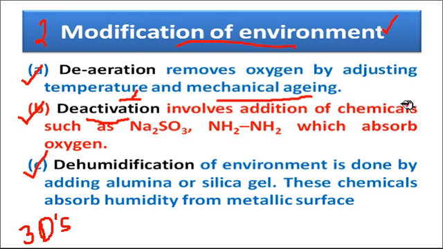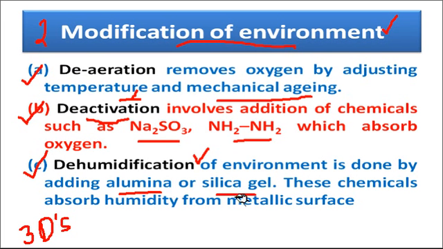Second is the deactivation. Deactivation involves addition of chemicals such as sodium sulfite and hydrazine. Basically, these chemicals absorb the oxygen. So, if oxygen is removed from the metallic surface, then corrosion chances can be minimized. Third is dehumidification. Dehumidification of the environment is done by adding alumina or silica gel.